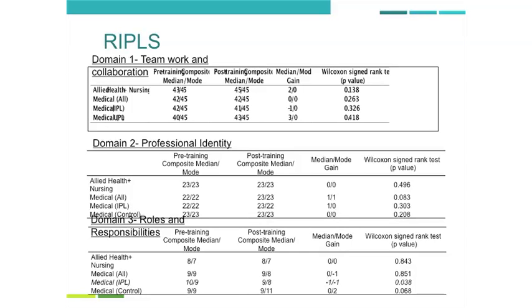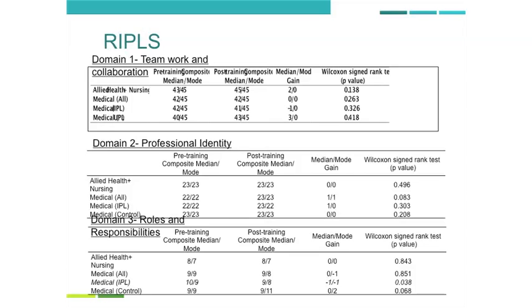Effectively there was not much difference comparing pre and post intervention across the 3 domains. And I think part of the reason, apart from small sample size, is about having established roles and responsibilities in the workforce compared to the medical student cohort. Because this has been shown to have a positive effect in the undergraduate cohort, but unfortunately we weren't able to show that in our group.